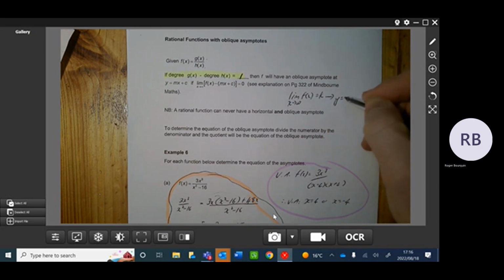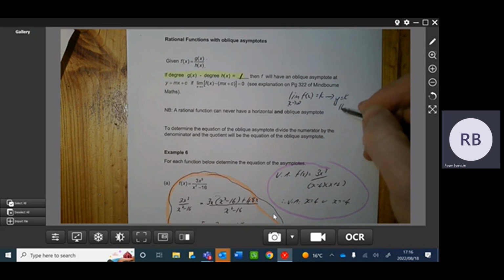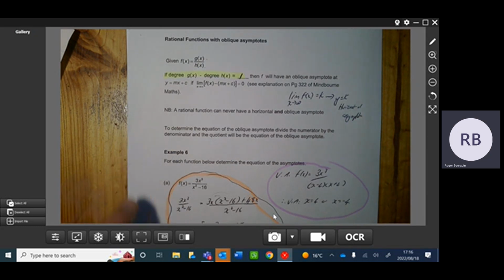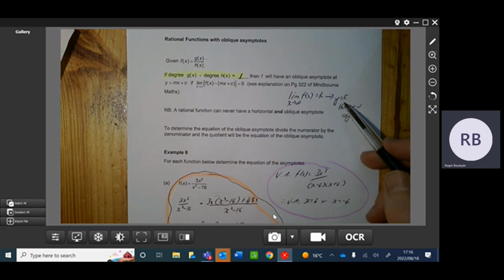If the limit as x tends to infinity of some rational function f(x) is equal to k, then y = k would be the horizontal asymptote. But now we're going to find the limit as x tends to infinity and get an answer not of y = k.